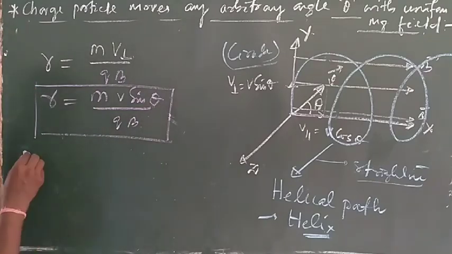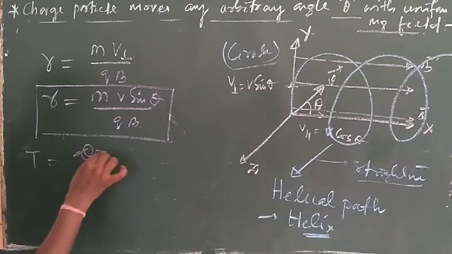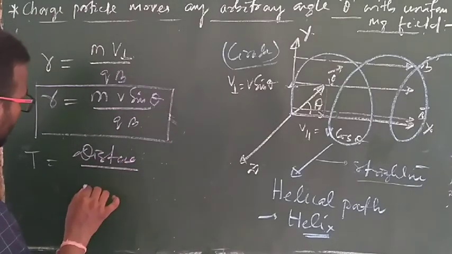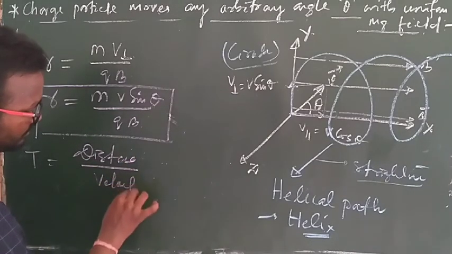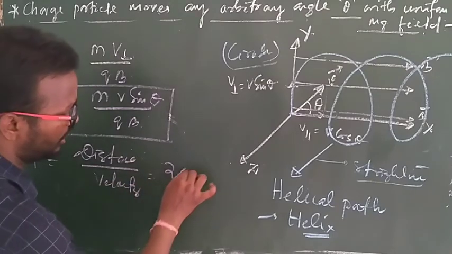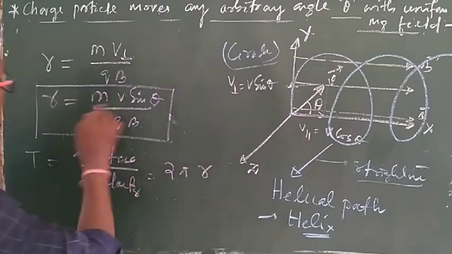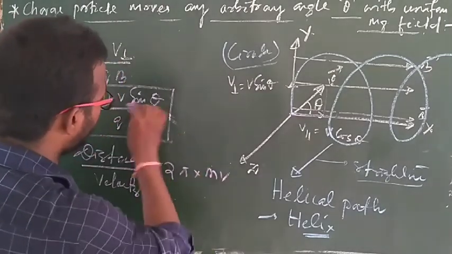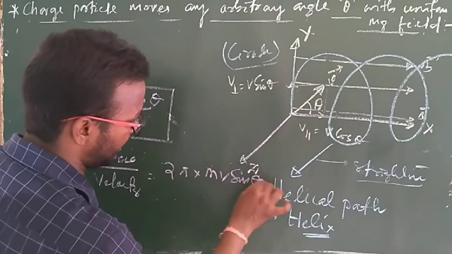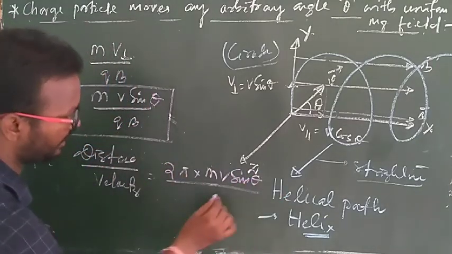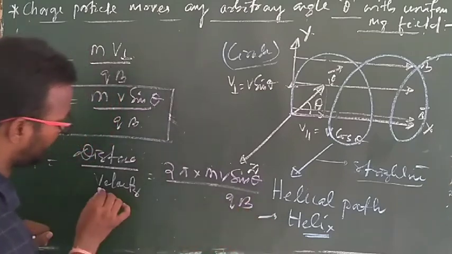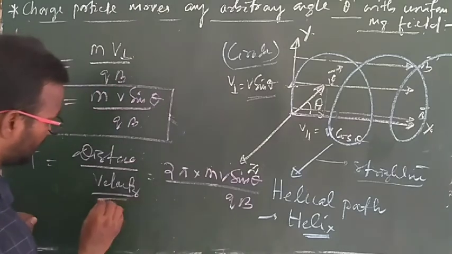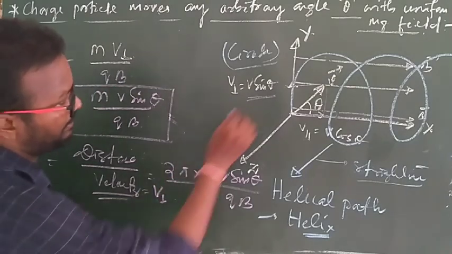If you find the time period, what is the time period? It is total distance divided by velocity. So we can write 2 pi r, where r equals m v sin theta divided by q B. The velocity here is the perpendicular component, v perpendicular, which equals v sin theta.